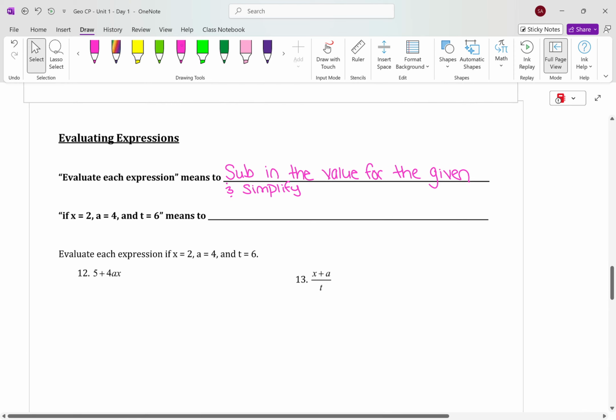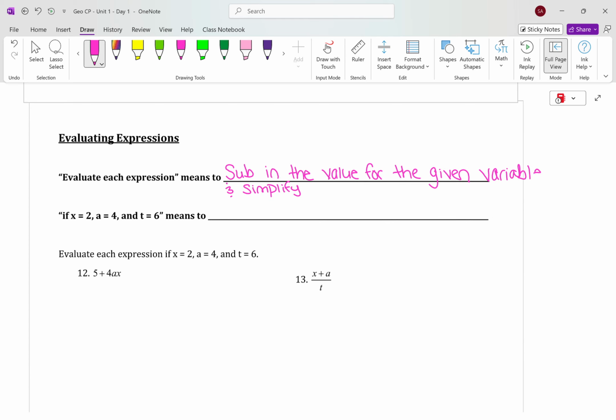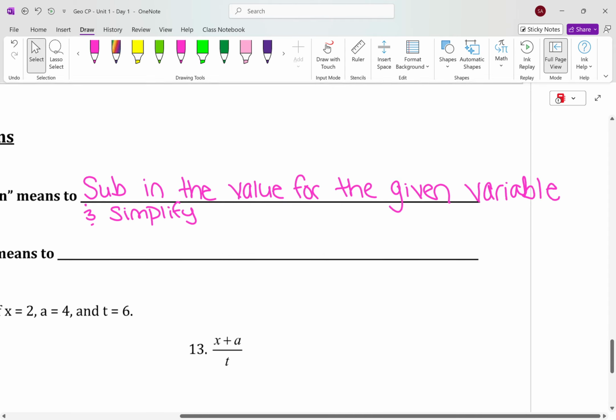I left out a word here, didn't I? The given variable and simplify.